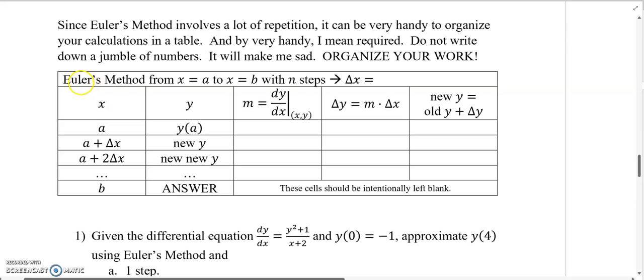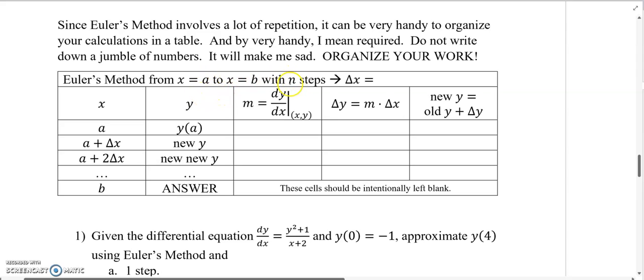Generally speaking, Euler's method will give you a starting x value, an ending x value, and it'll tell you the number of steps you're taking. That should sound familiar from when you did definite integrals, finding the area under the curve. If you want to know how big each step is, we know the entire interval is the distance from a to b, the difference b minus a.